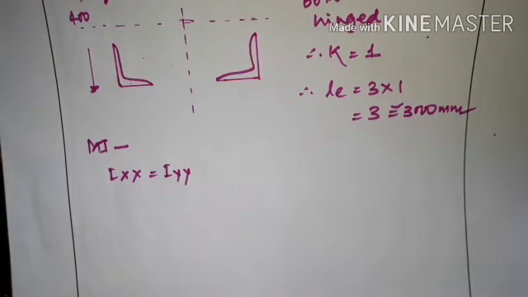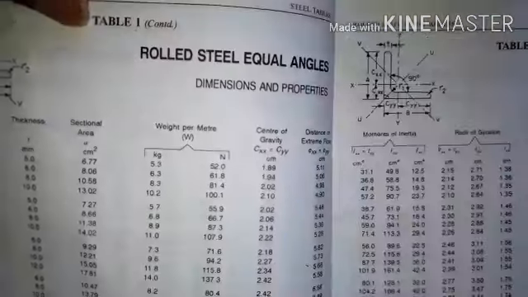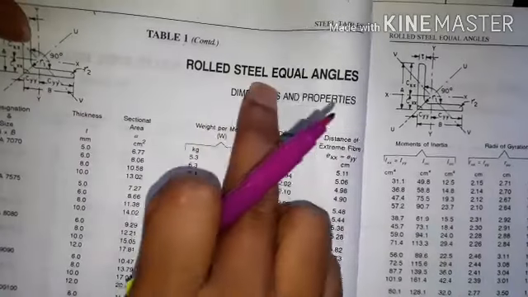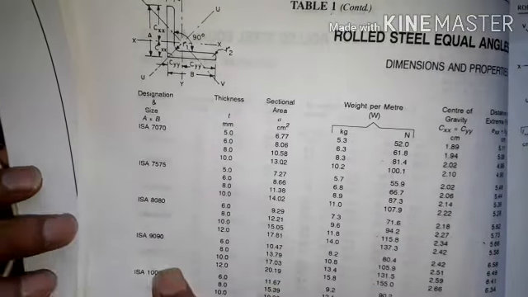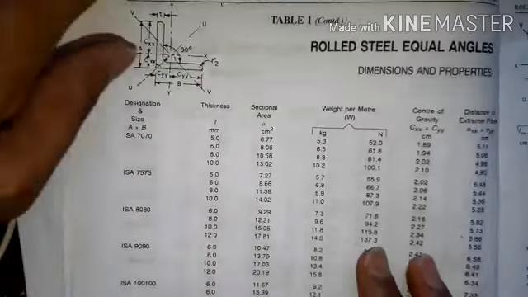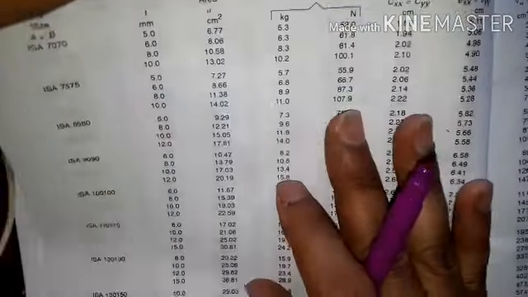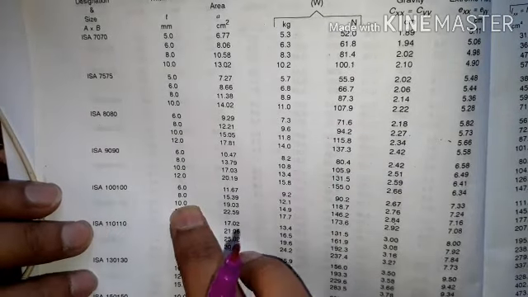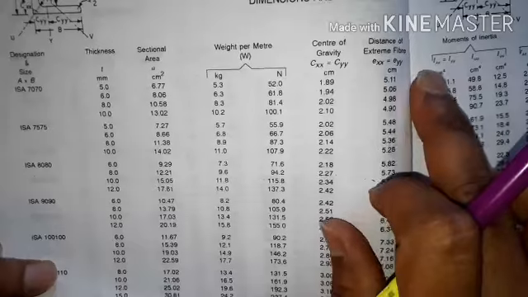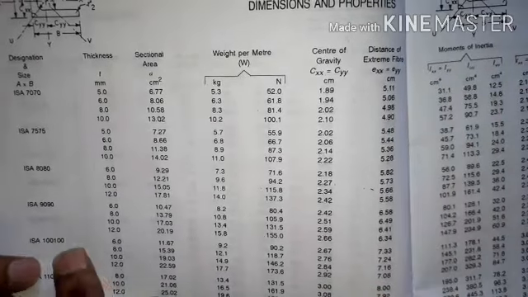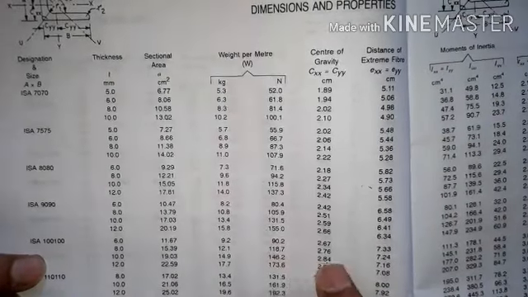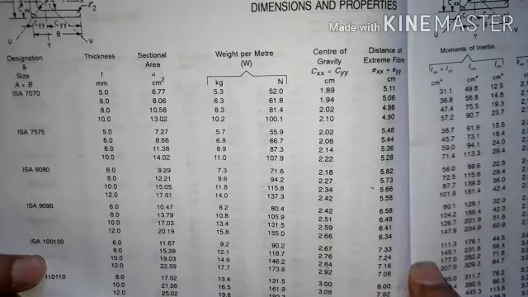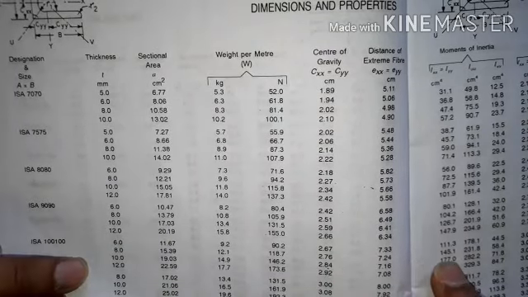If you go to rolled equal angle, for 100 by 100 by 10, you can check the values of Ixx and Iyy here. For 100 by 100 by 10, the value of Ixx and Iyy is 177.